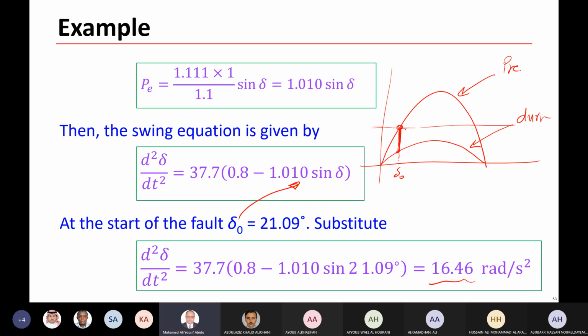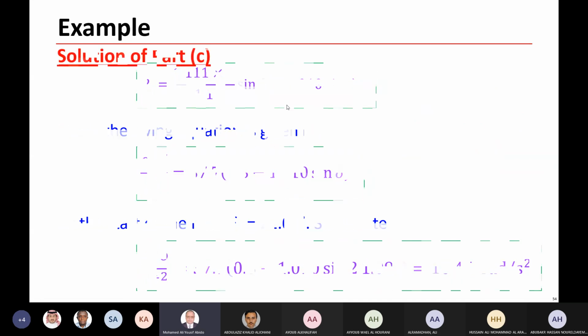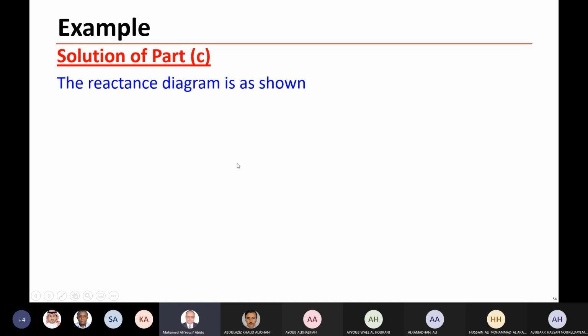Now this is the acceleration power. This is P mechanical, and now during the fault, this becomes P electrical during the fault. So this is the acceleration power, P_a. So we can get the acceleration. This is 0.8 minus the value here, which is this value. So you can get the initial acceleration of the machine.